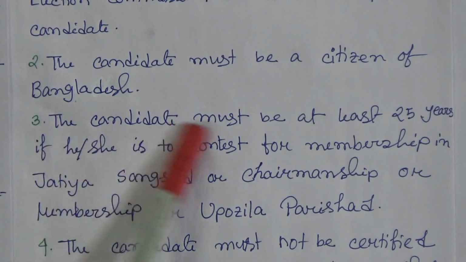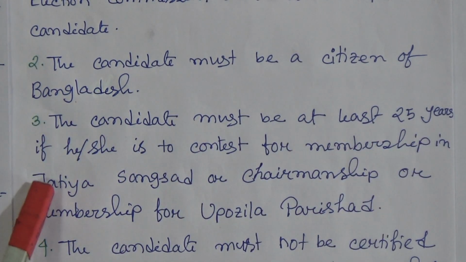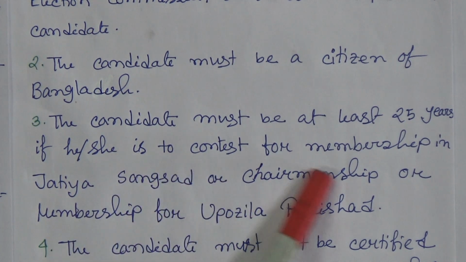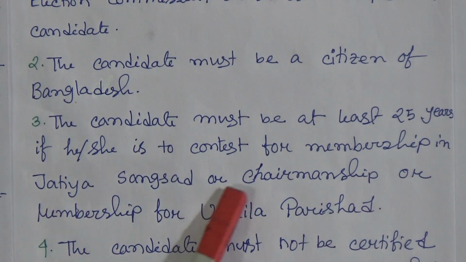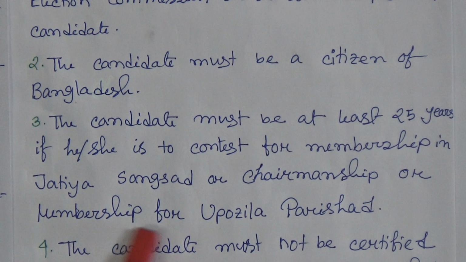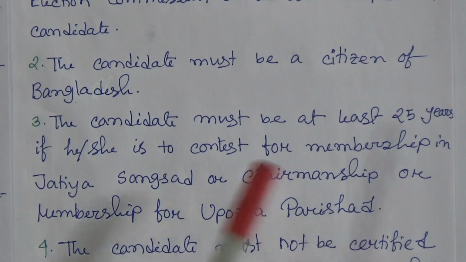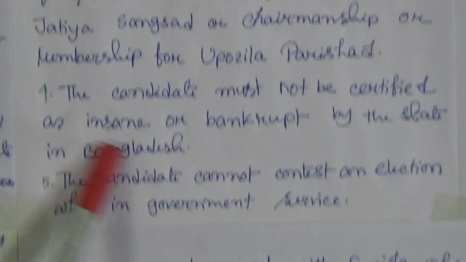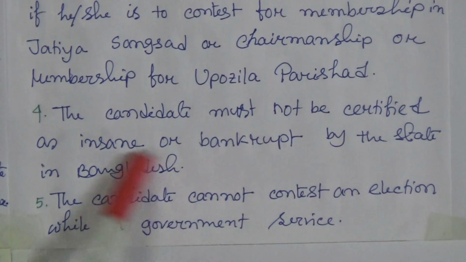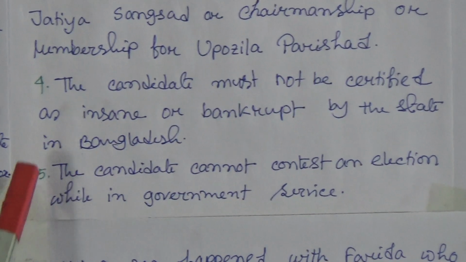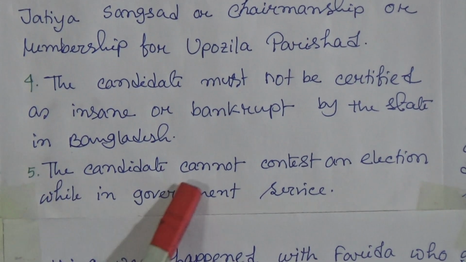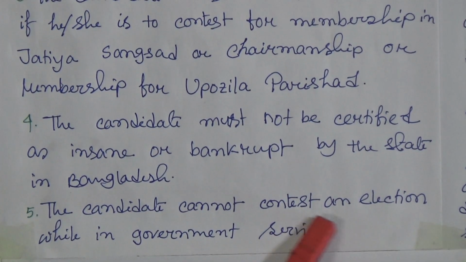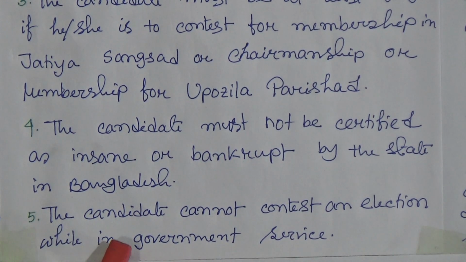Number 3, the candidate must be at least 25 years old if he or she is to contest for membership in Jatiyo Sangsad or chairmanship or membership for Upazila Parishad. Number 4, the candidate must not be certified as insane or bankrupt by the state in Bangladesh. And the last one, number 5, the candidate cannot contest an election while in government service.